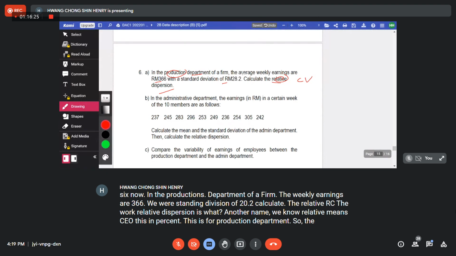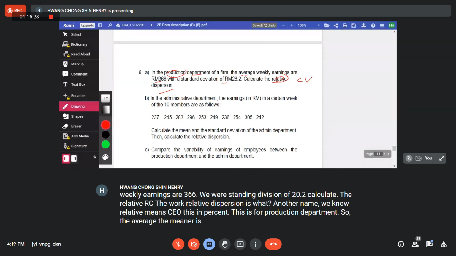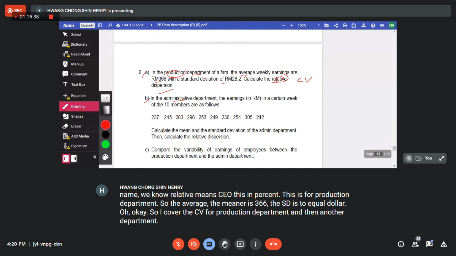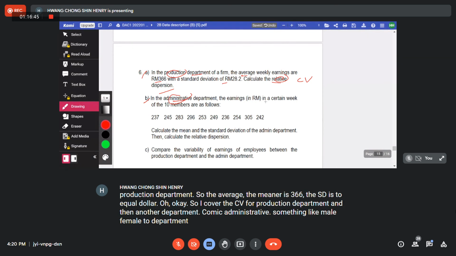So the mean is 366, the standard deviation is 28.2. So you calculate the CV for the production department, and then another department, call it administrative. Something like male, female, garage A, garage B: two departments. The earnings of 10 people are given by this.